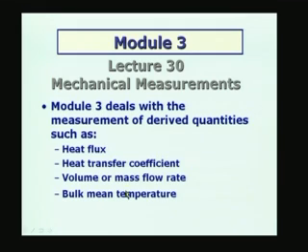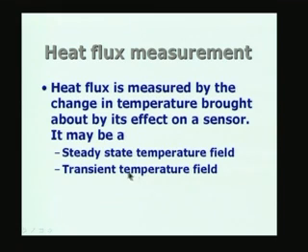To start with, I am going to take a look at the measurement of heat flux, and heat flux can be measured basically by measuring the effect the heat flux brings about in terms of some kind of a temperature distribution in the sensor. Okay, heat flux is measured by the change in temperature brought about by its effect on a sensor, and there can be different types of sensors.